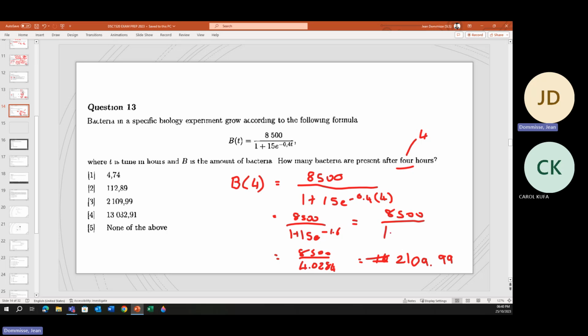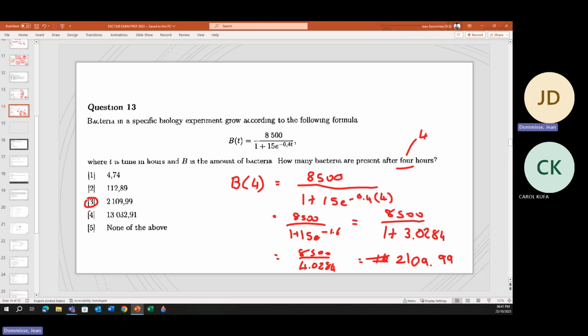What I got was 8,500 divided by 1 plus, where the 15e to the power of minus 1.6 was actually 3.0284. So that would be 1 plus that, which gives us 4.0284, and if we divide 8,500 by that, we get 2109.99.